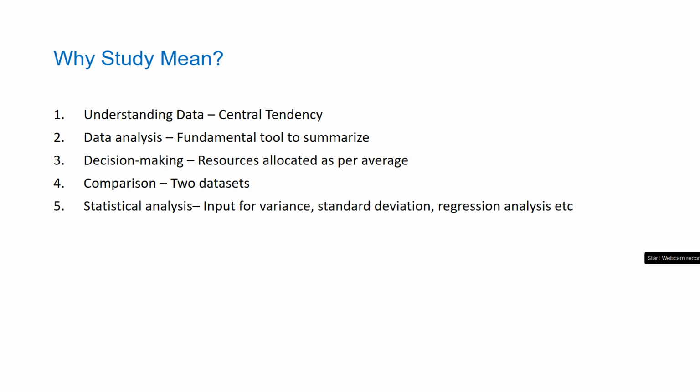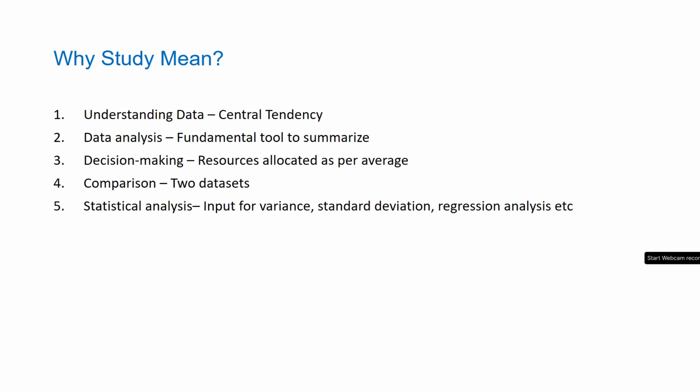So the government of Maharashtra, when they are spending on healthcare, might calculate the average age of their citizens and accordingly allocate a budget. Mean can also help compare two data sets.